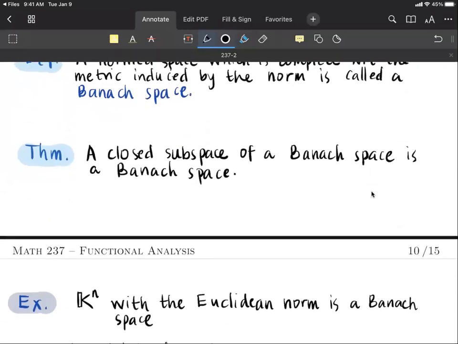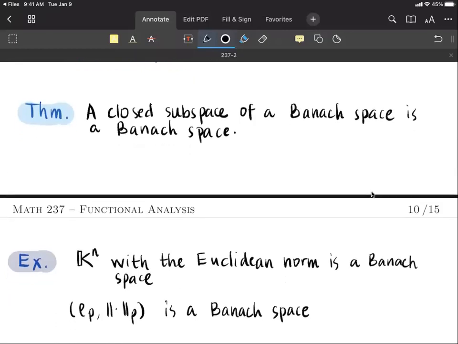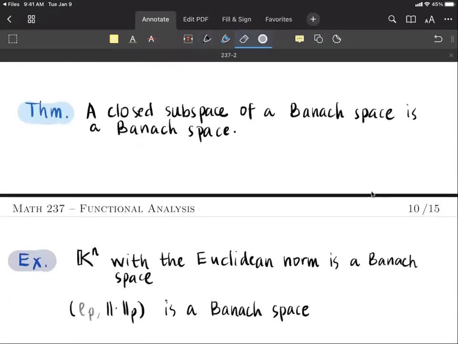So of course, a classical example is the Euclidean norm, Kn. Kn here is the set of all n-tuples of scalars in K, which is again either the reals or the complex numbers. We mentioned a while ago that this LP here is a norm space.